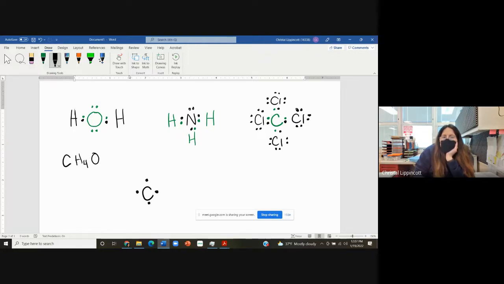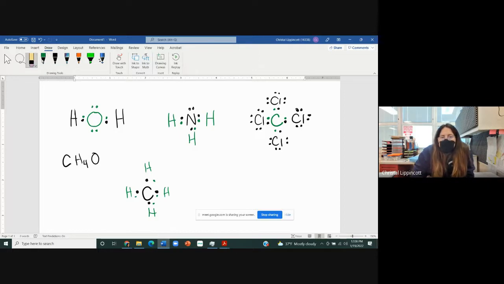Now, if I put all 4 of the hydrogens around here, what would the problem be? If I went and just did this, don't do this because this is going to be wrong. But if I went and did this, what would my problem be? There's no place for the O to go, okay? Carbon's already filled with H. Hydrogens can't take anything else on, so that doesn't work.